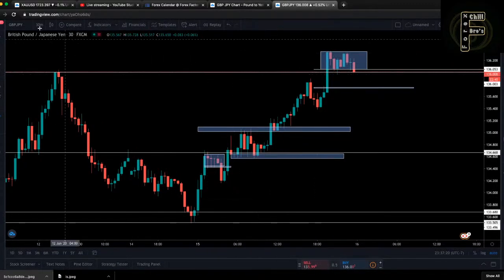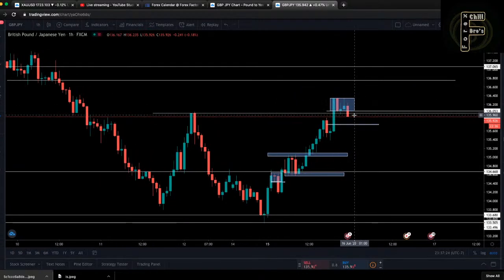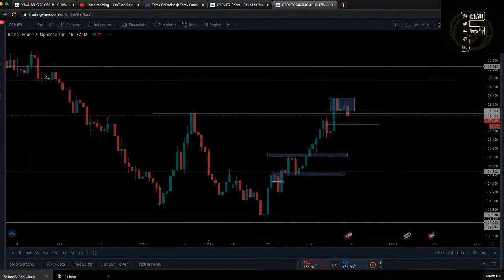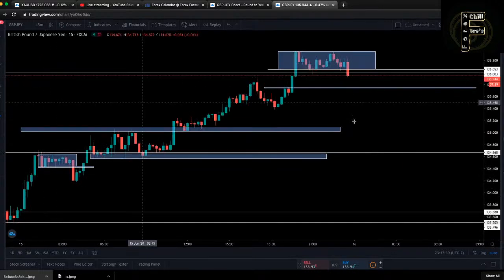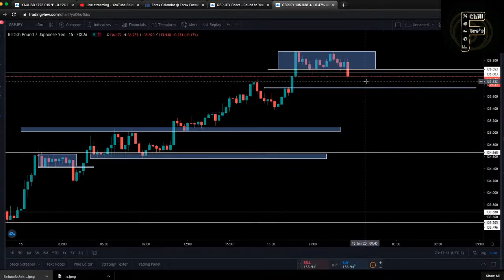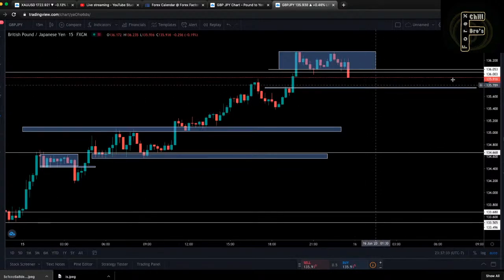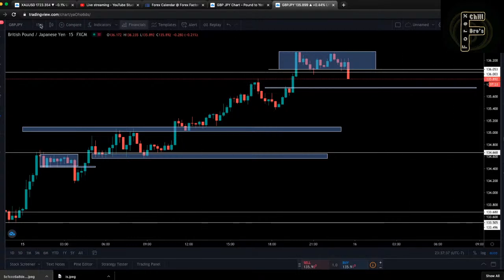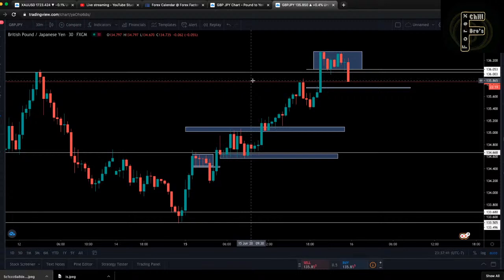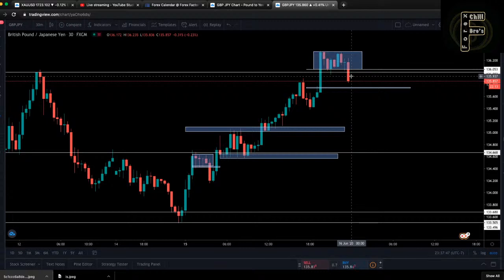GJ, so I think we're pushing to the downside, we're on the way for price to close. Oh my, we're pushing. What was in the GJ sells?